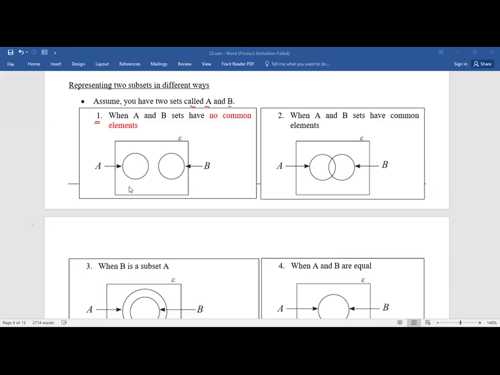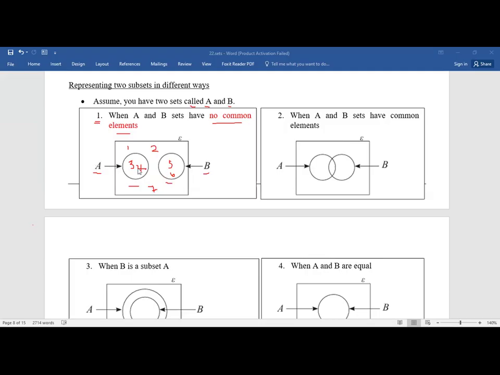Set A is here, and you have to name it. Set B is here, because they have no common elements between A and B. They are unique. For example, A has 1, 2 and 3, 4, and B has 5, 6 and 7.